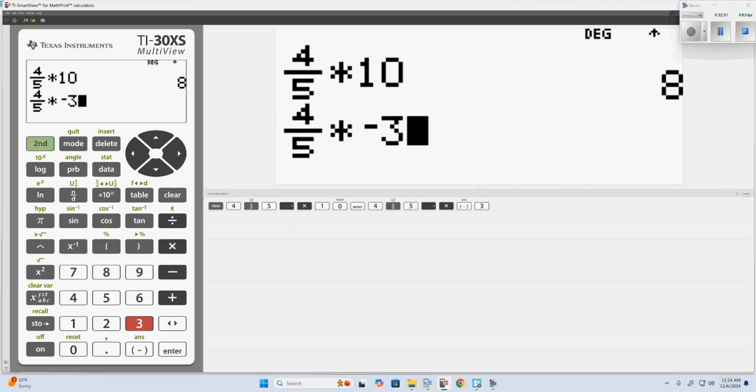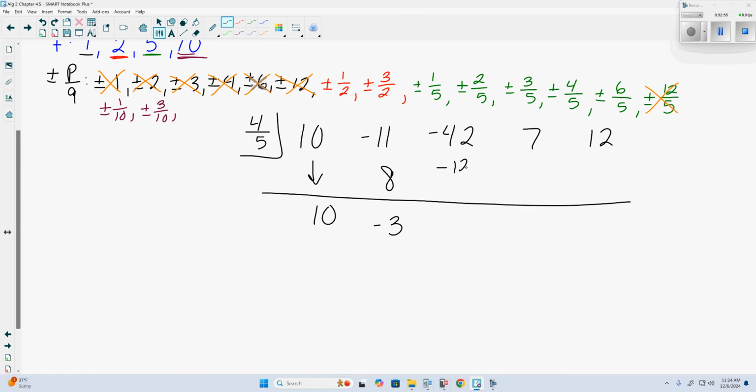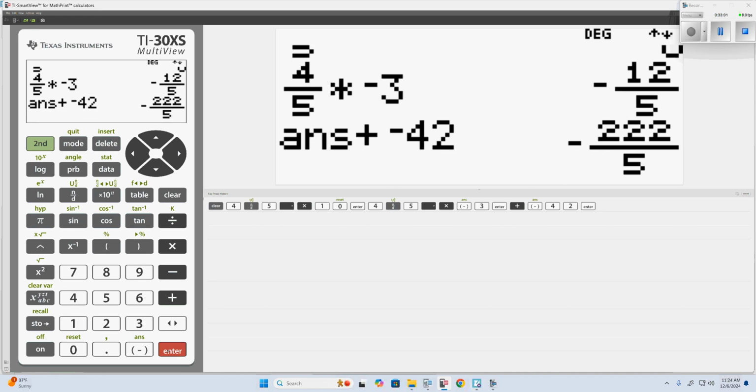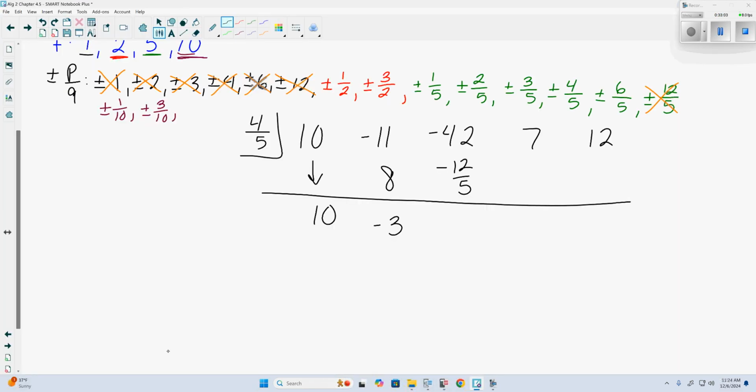Four-fifths times negative 3, well, this is not looking good so far, because negative 12/5 plus negative 42 is not going to work. So 4/5 doesn't work.